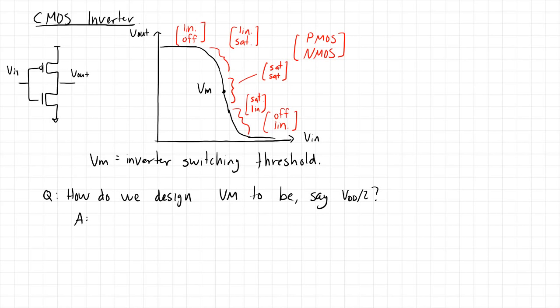So the only thing we can really do is adjust W over LP and W over LN until VM equals VDD over 2. Okay, and so that's the simple way to do it.